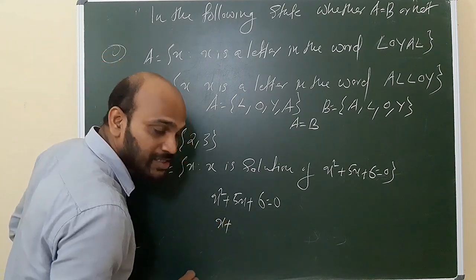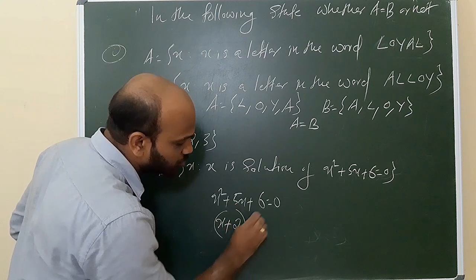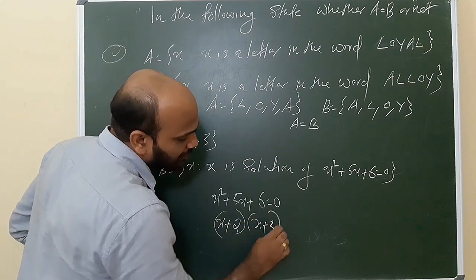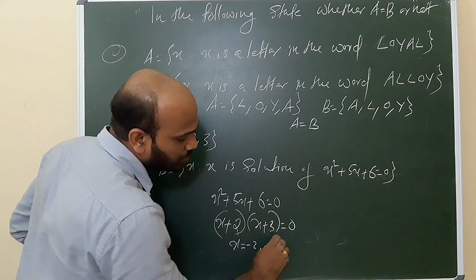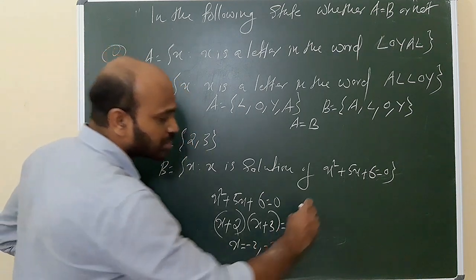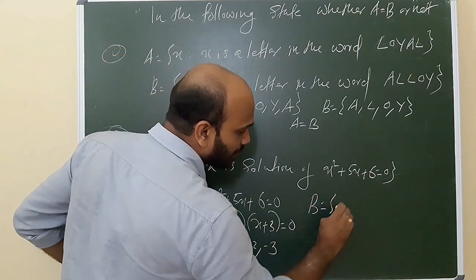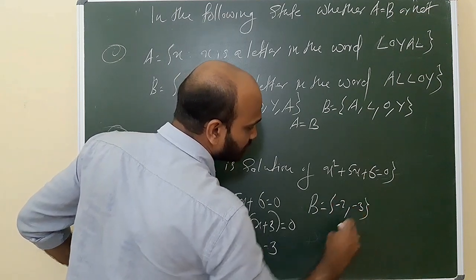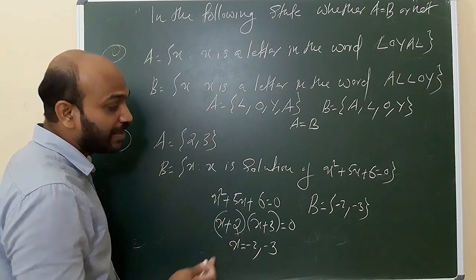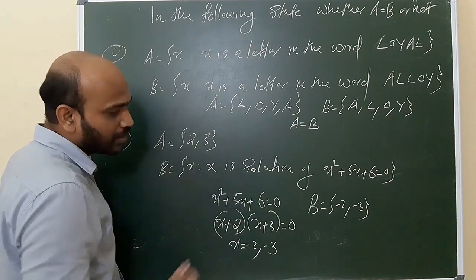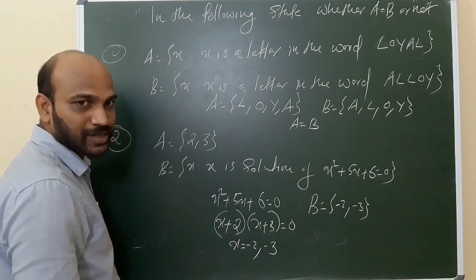So we can factorize this as (x plus 2)(x plus 3) equal to 0, which means x equal to minus 2, minus 3. So the roster form of B is {-2, -3}. So A and B are not equal. Actually A and B are equivalent because both contain the same number of elements, right?